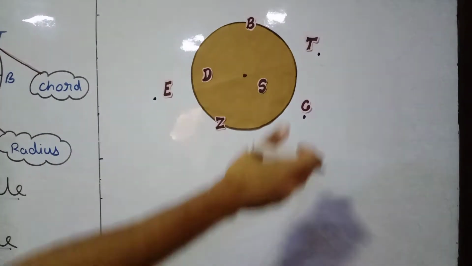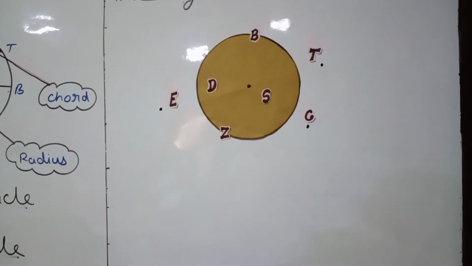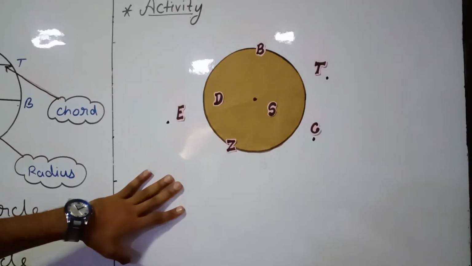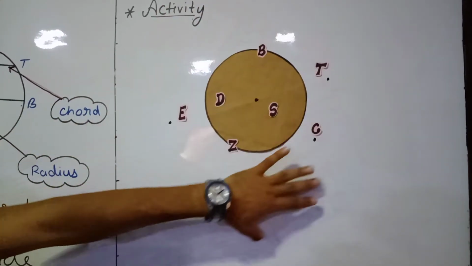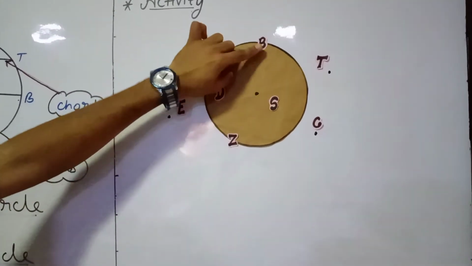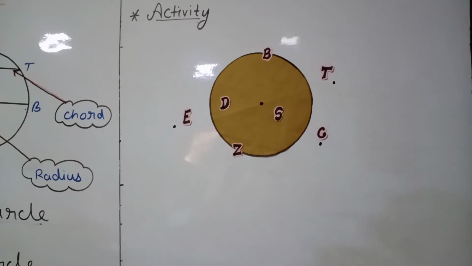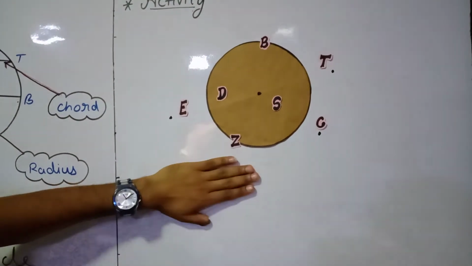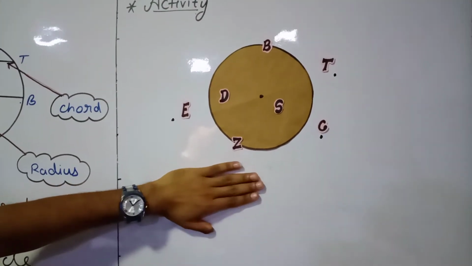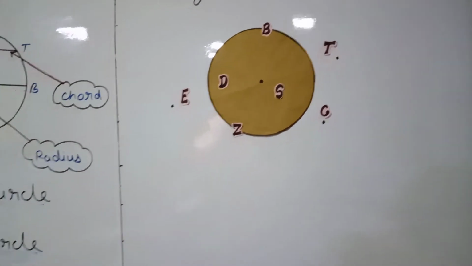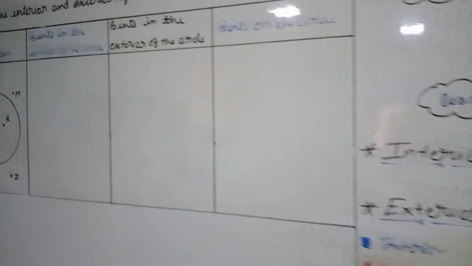So if we have such kinds of diagrams, we can easily come to know this is the exterior part, this is the interior, and the point on the circle is called on the circle. According to this, now we are going to solve question number 1 of problem set number 30.